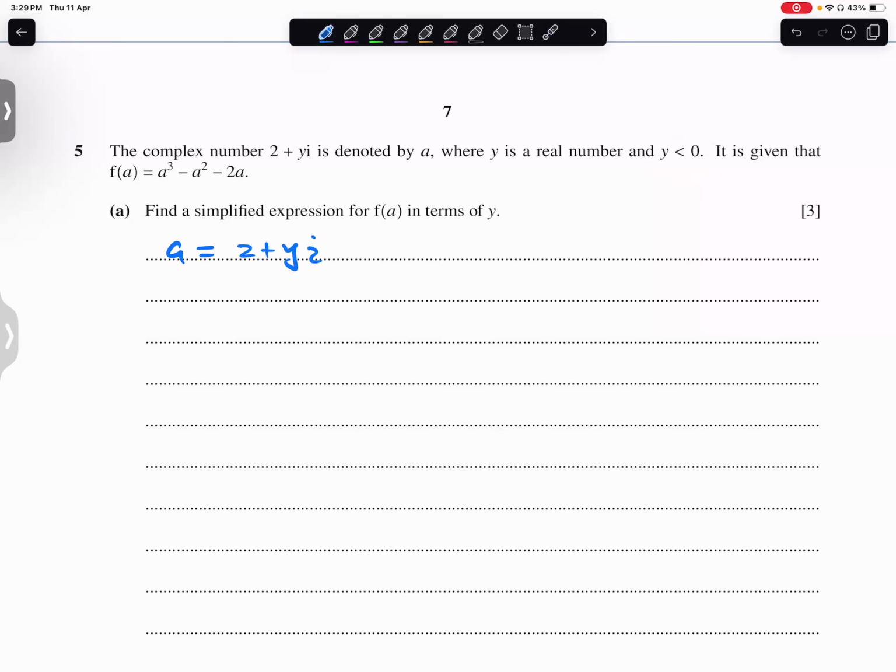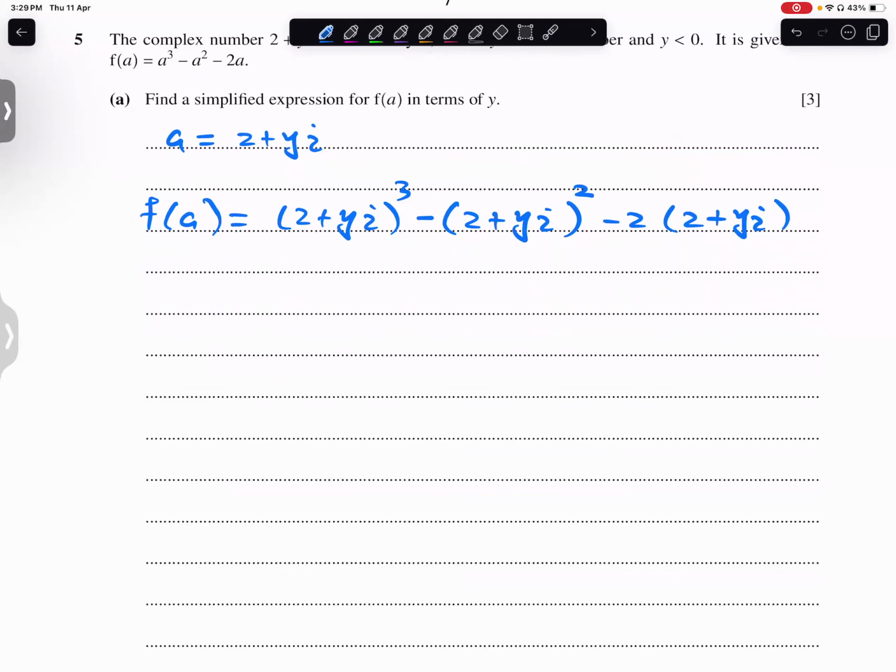So just write f of a as, in place of a, you will write (2 plus yi) whole cube minus (2 plus yi) whole square minus 2 times (2 plus yi). Now, let's write (2 plus yi) whole square times (2 plus yi) minus, let's open (a plus b) whole square.